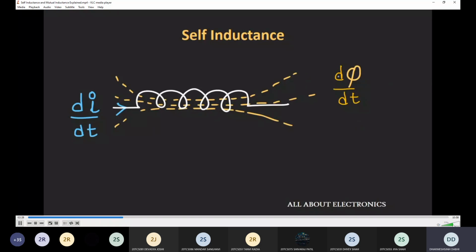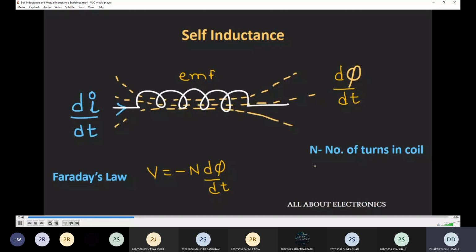This time varying magnetic flux produces an EMF in the coil. According to Faraday's law, the voltage induced in the coil is V = -N dphi/dt, where N is the number of turns in the coil. Let us say this is equation number 2.